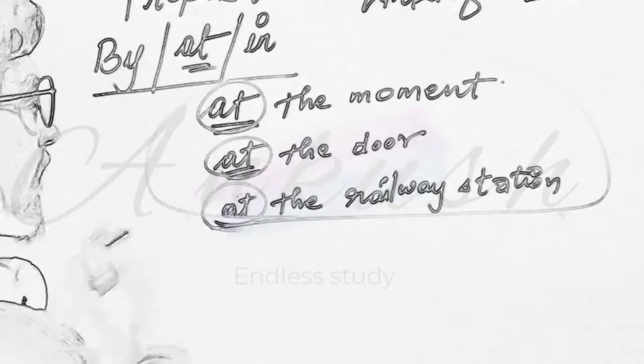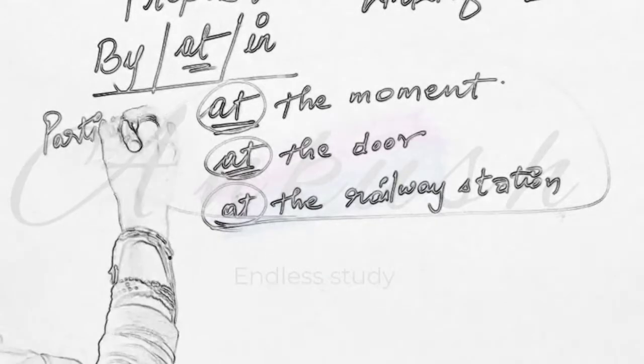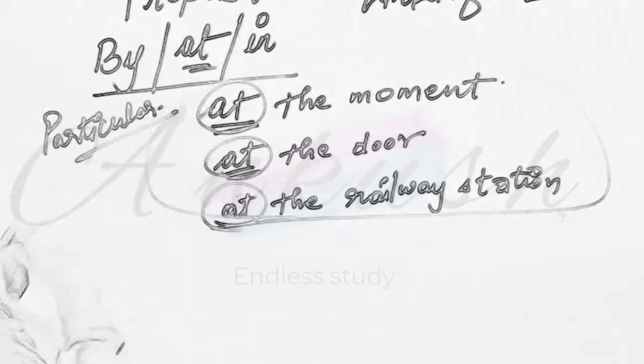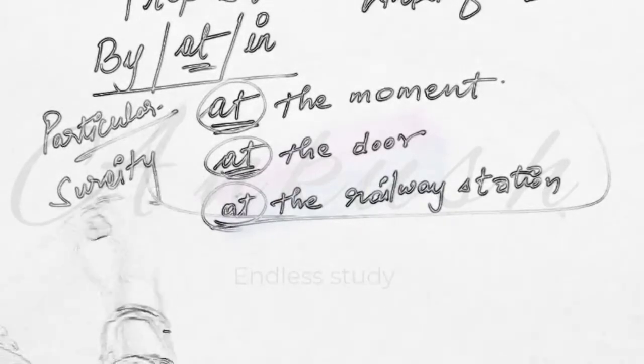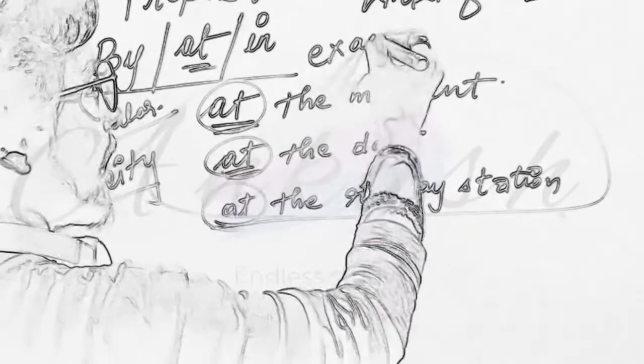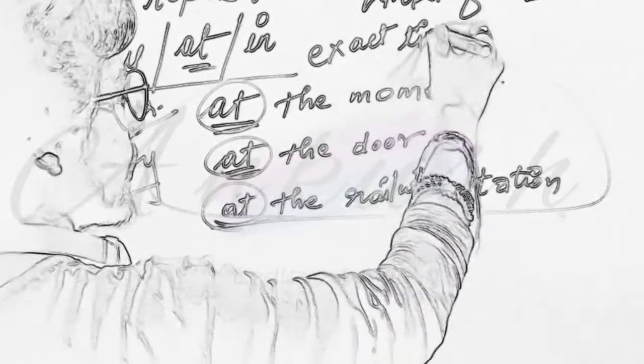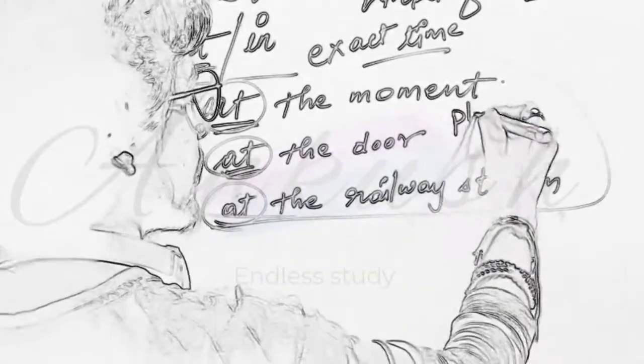Why are we using at here? Because it is showing surety. It is used for a particular thing. At the moment means we are talking about exact time. At the door, we are talking about a particular or definite place.